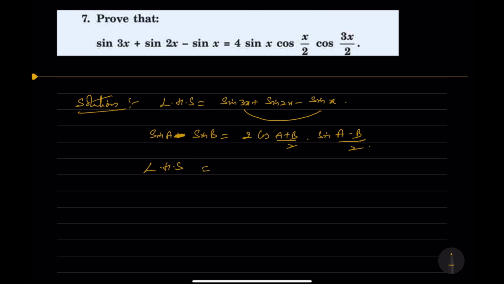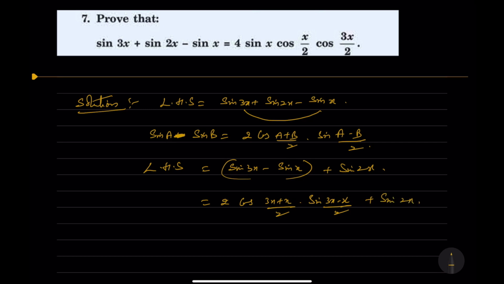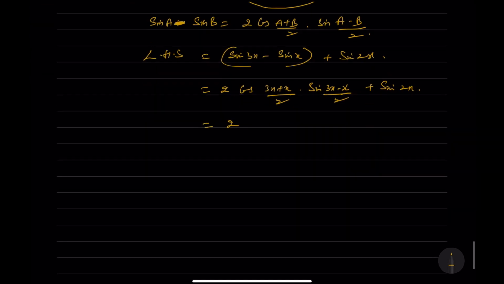So LHS is equal to sin 3x minus sin x plus sin 2x, which is equal to 2 cos of 3x plus x by 2 into sin of 3x minus x by 2 plus sin 2x, which is equal to 2 cos of 4x by 2, which is cos 2x, into sin x plus sin 2x.